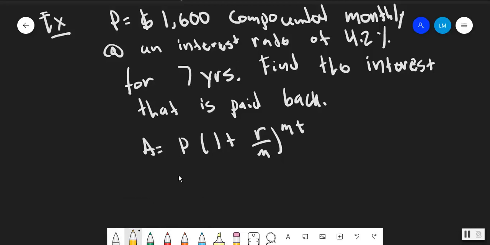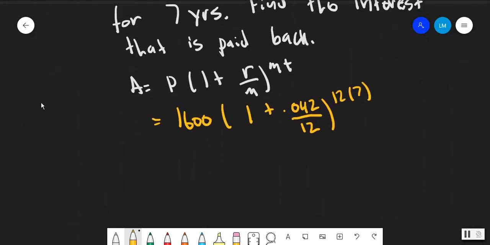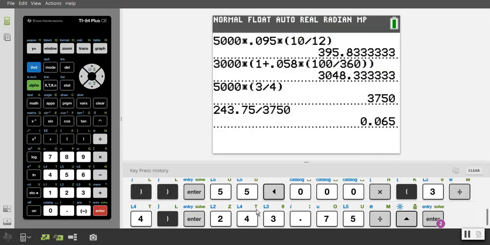So let's do this in a way that we can just plug in. So we have 1600 multiplied by 1 plus 0.042 divided by 12. But this is raised to the 12 times 7. Now, when you do this computation, you want to do it in a way that it works out.